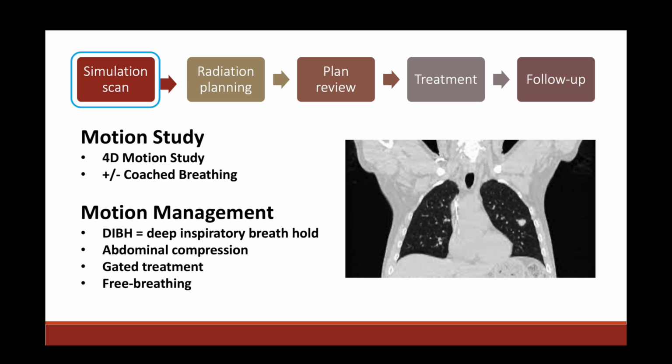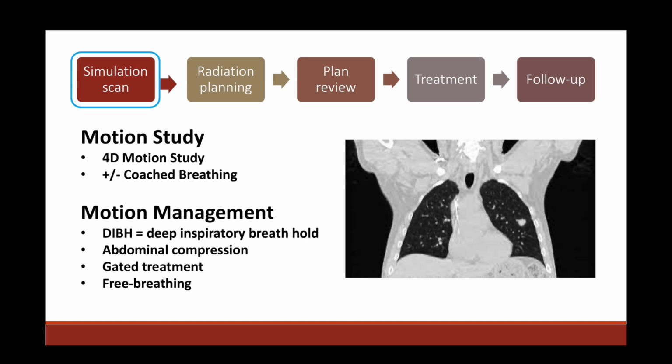Another way that's very commonly used is something called deep inspiratory breath hold, or DIBH, where we ask the patient to just take a deep breath in and hold. The disadvantage of this technique is that patients can only hold their breath for so long, so we can only deliver the radiation when they're holding their breath, and the treatment takes longer.